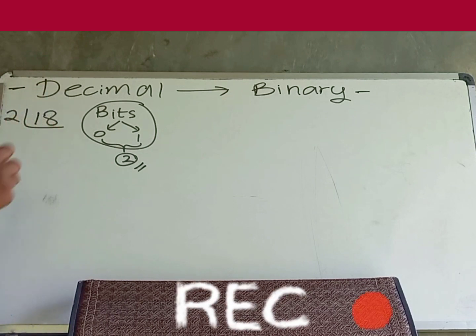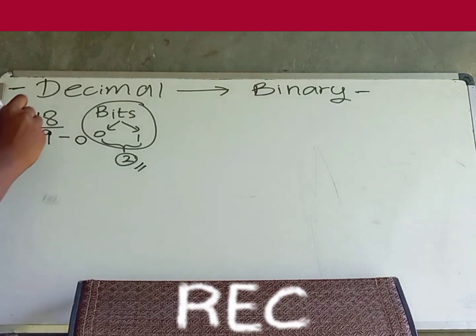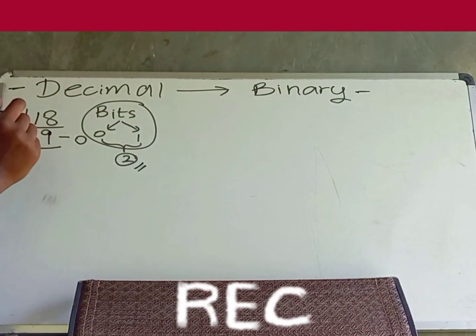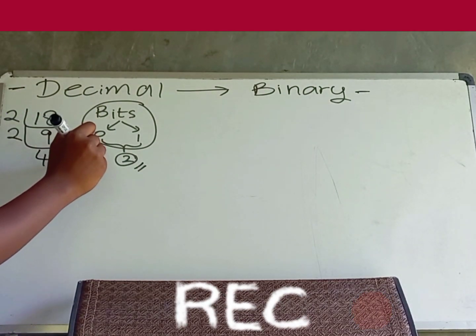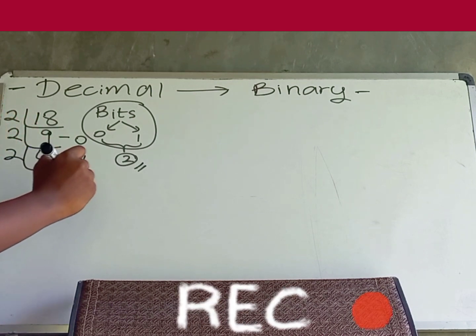18 divided by 2 equals 9. No remainder. 9 divided by 2 is 4, remainder 1, because inside 9 there are 4 twos. 4 times 2 equals 8 and the remainder is 1. 4 divided by 2 equals 2.